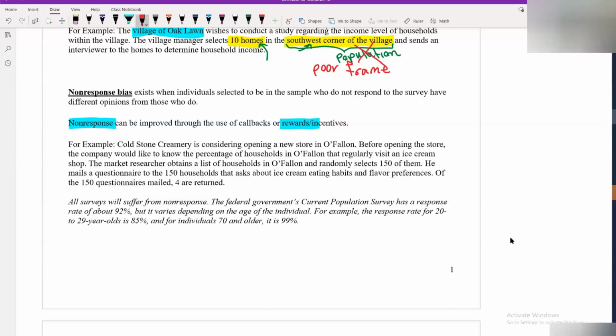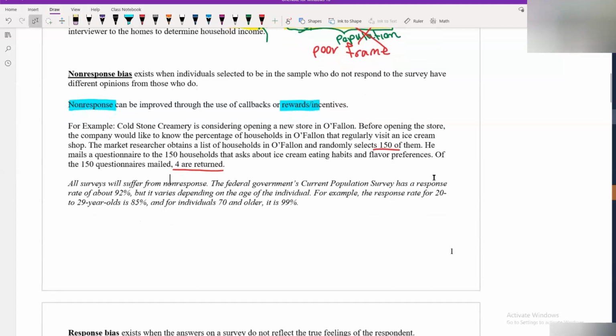He mails a questionnaire to 150 households, asks about ice cream eating habit and flavor. Of 150, 4 are returned. That's the worst result they can have, because out of 150 samples that they tried to have answer for that, based on 150, they were able to have conclusion for the population.